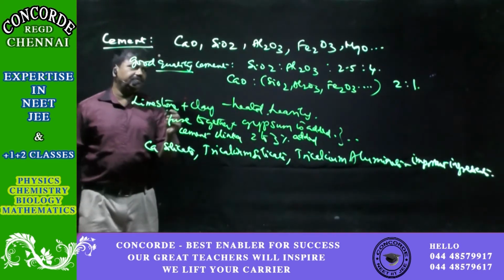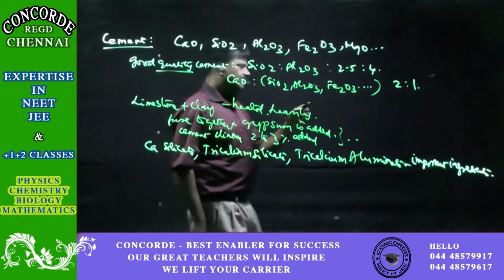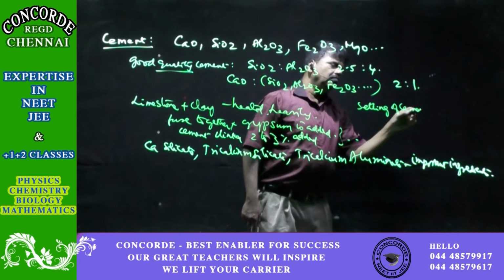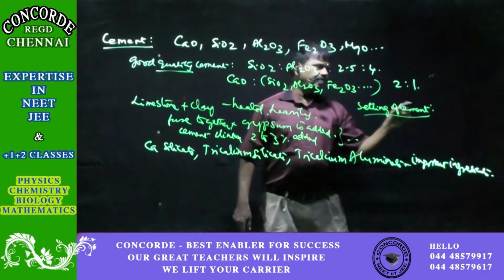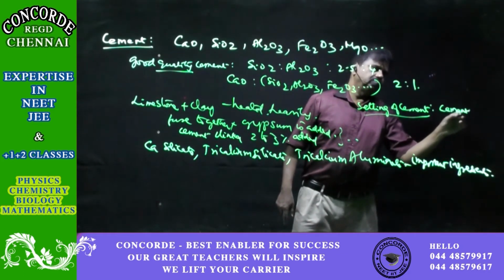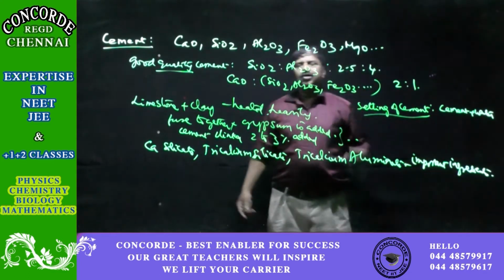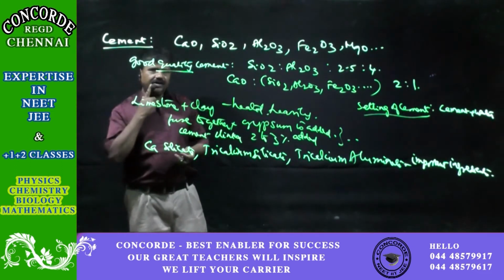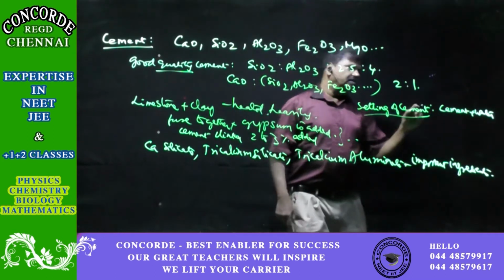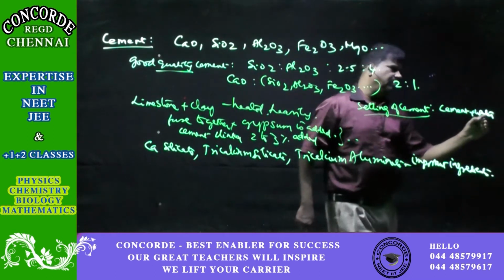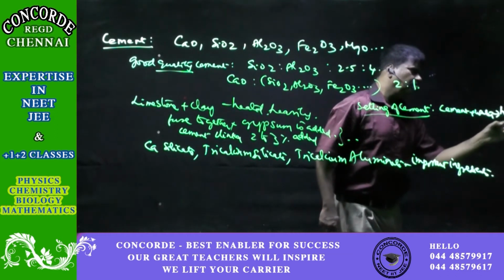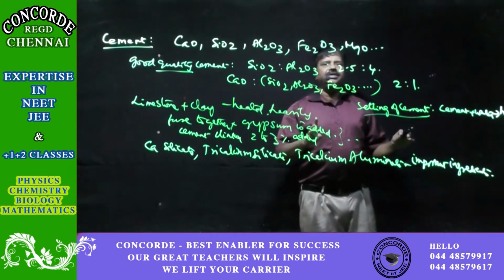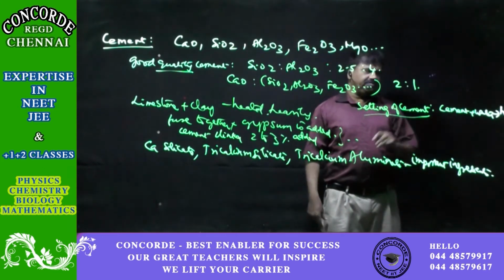How the setting of cement takes place? The setting of cement is by, when you add water, so cement plus water, the water molecules are actually absorbed by the cement, and once the water molecules are absorbed, it becomes a hard mass. So this hard mass settles, and that becomes a very strong structure or an RCC structure.